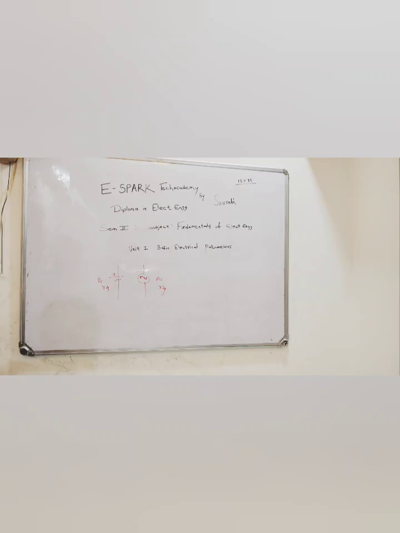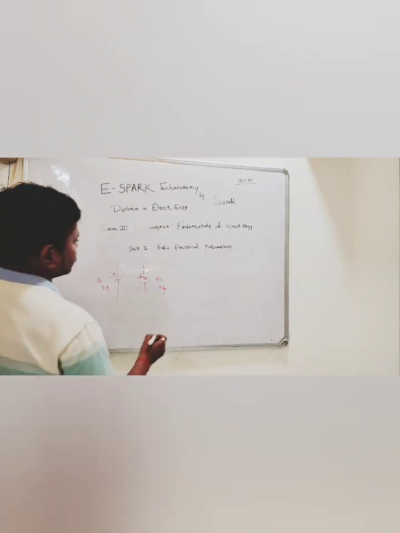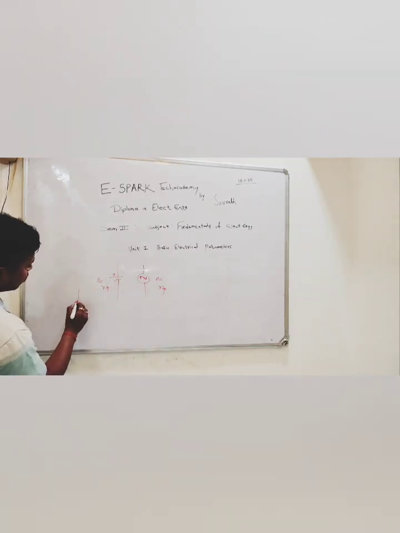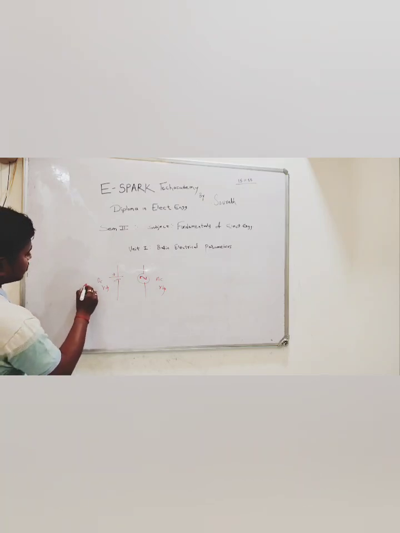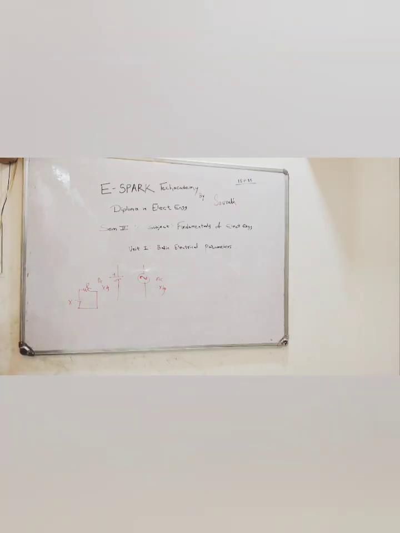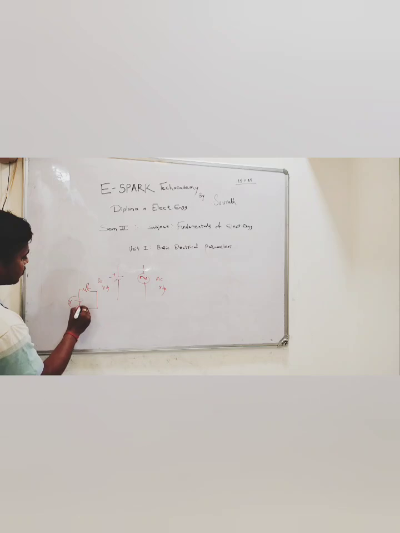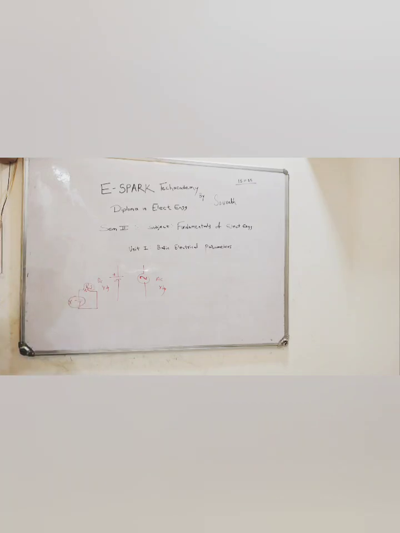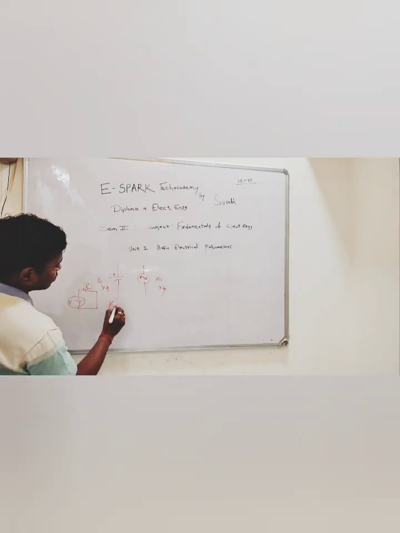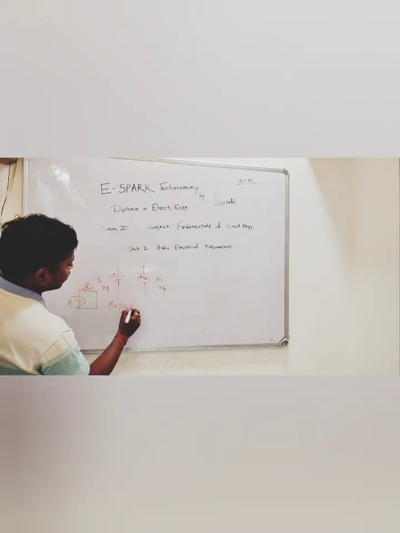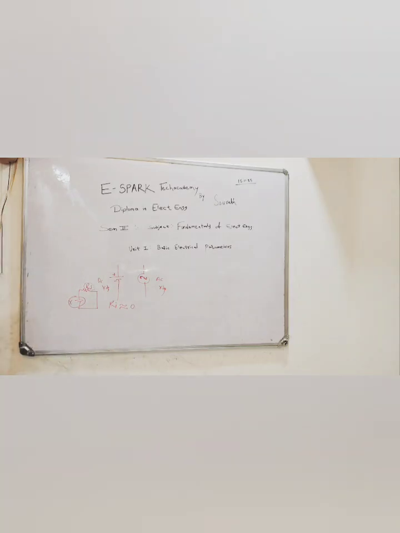Now, the voltage source is represented with a resistance in series, the internal resistance Ri, with the voltage source, and this Ri should be equal to 0 for an ideal voltage source.